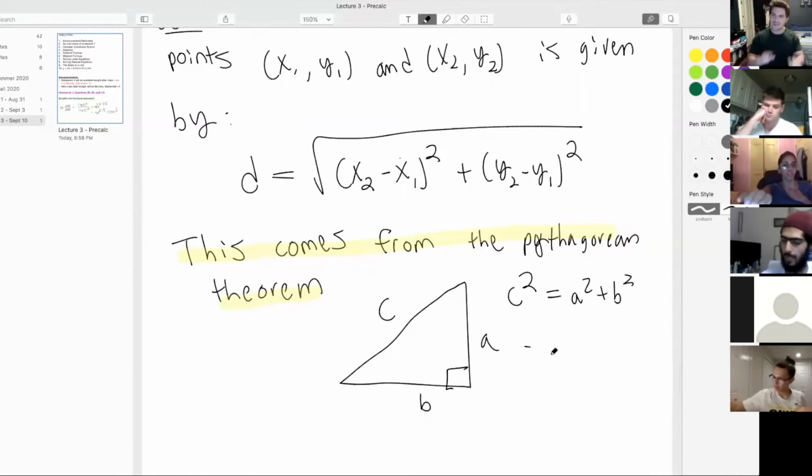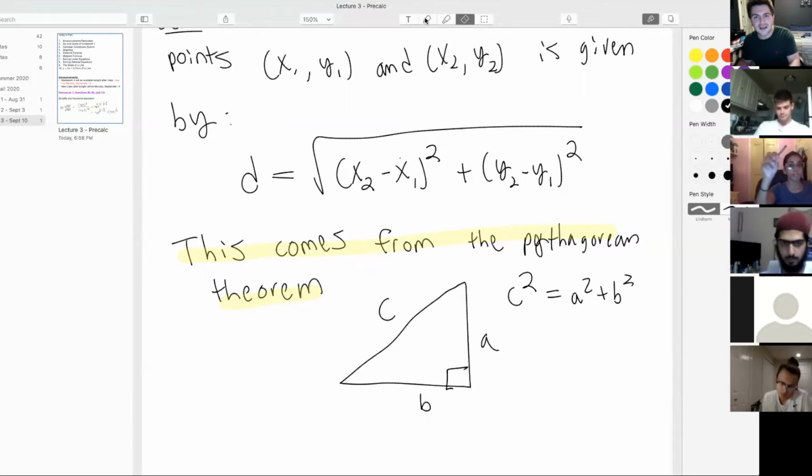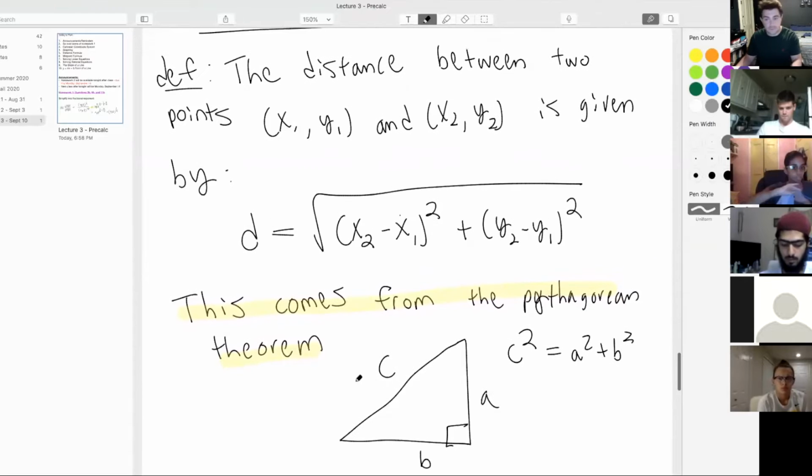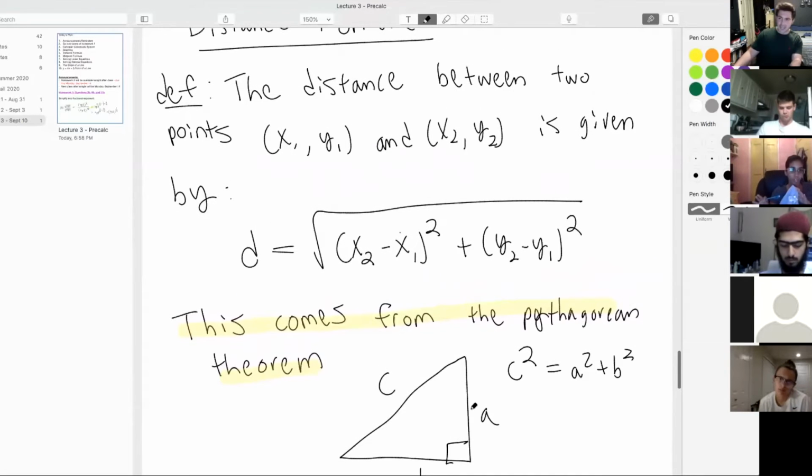So you can kind of see the relationship. We have two things being added to each other that are squared, and we want to solve for C. Well, we need to take a square root. That's why there's a big square root hanging out there. So are those two equations the same? They're not the same, but they're not totally different. They are intimately related.